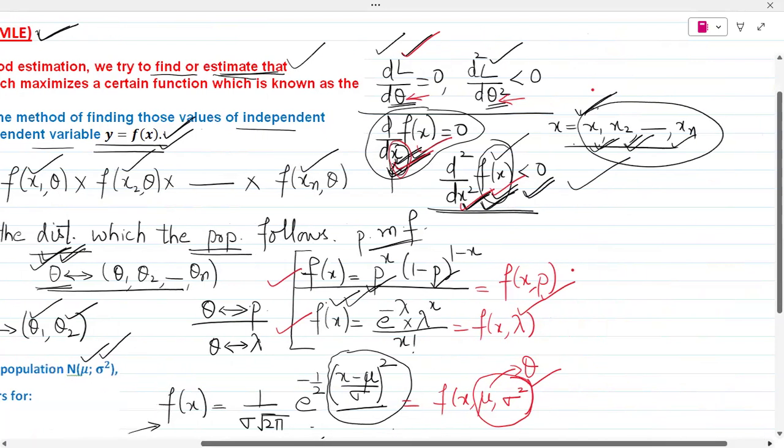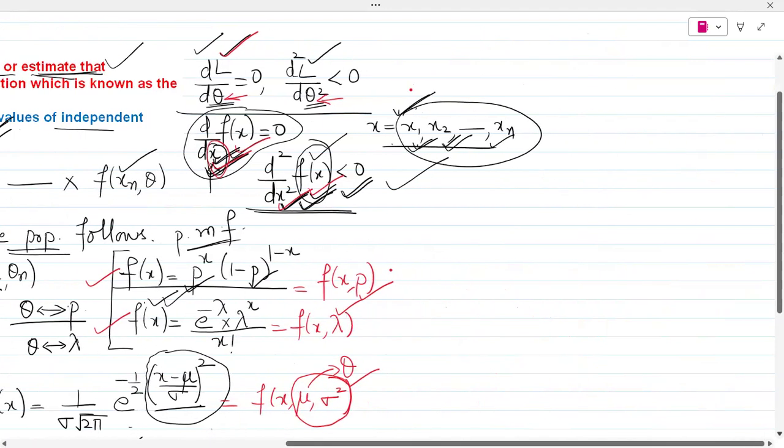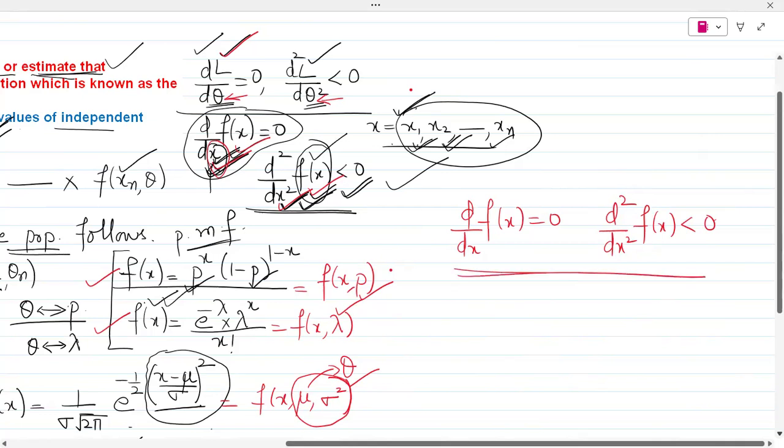If not clear, then d/dx of f(x) equal to 0 and d squared/dx squared of f(x) negative: these two give us those values of the independent variable x which maximize f(x), the dependent variable.